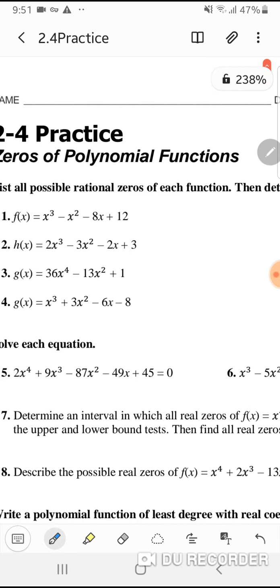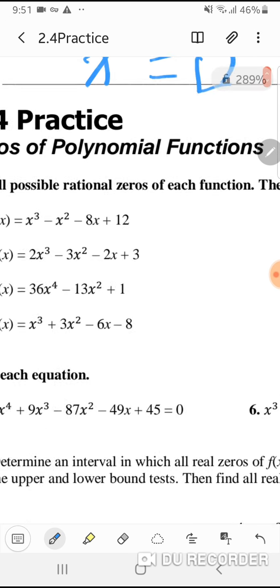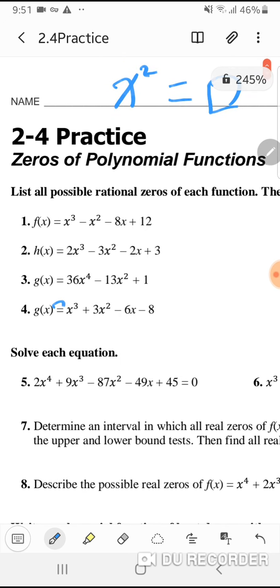I mean that x squared, I'll just call it square. So that would be 36 square, 13 square plus 1. Okay, I'll just leave that.